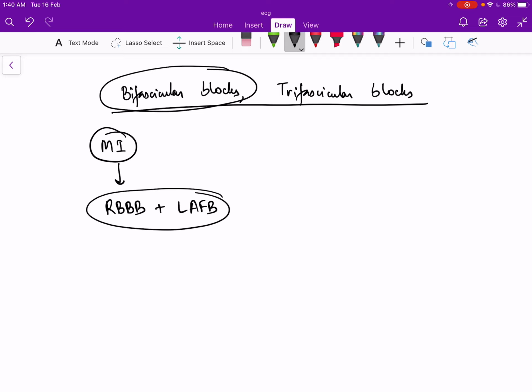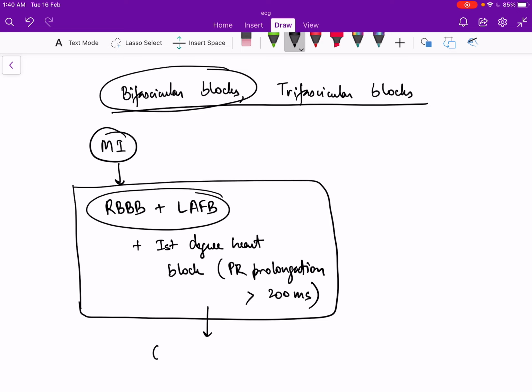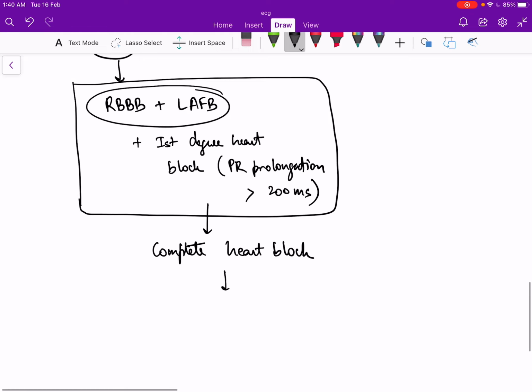Along with this, if you see first degree heart block, which is PR prolongation of more than 200 milliseconds, this condition signifies that the patient can land up in complete heart block, and we should go for pacemaker implantation.